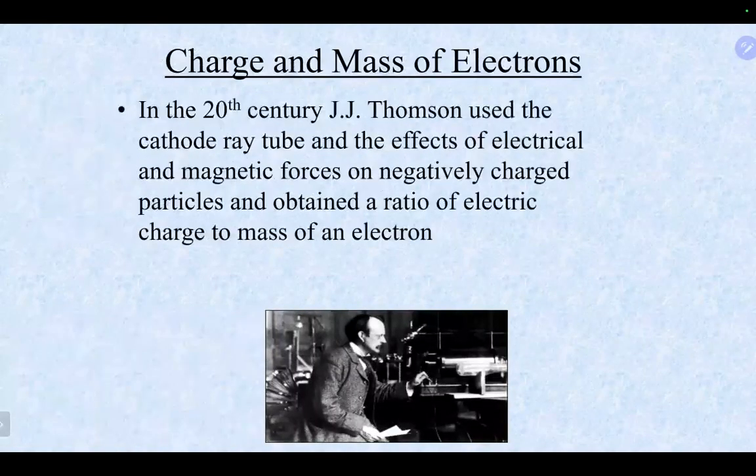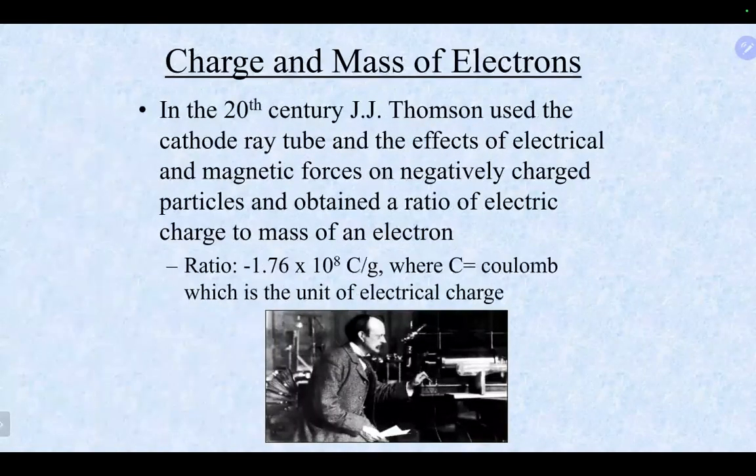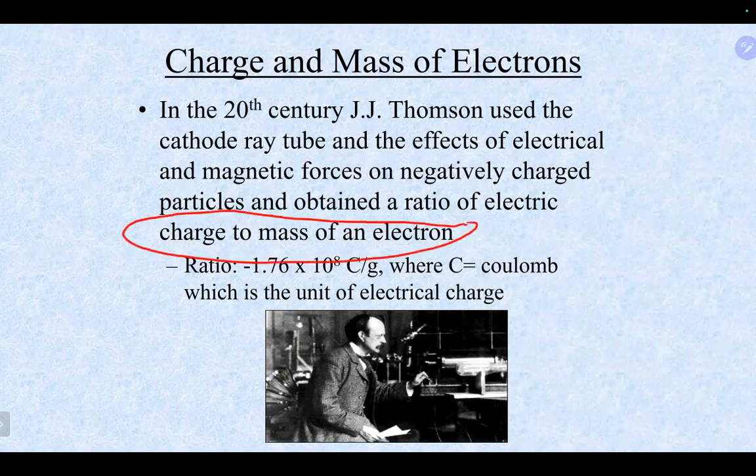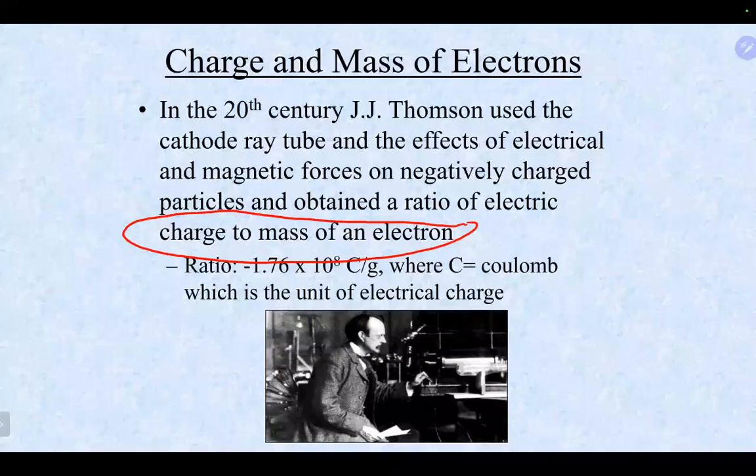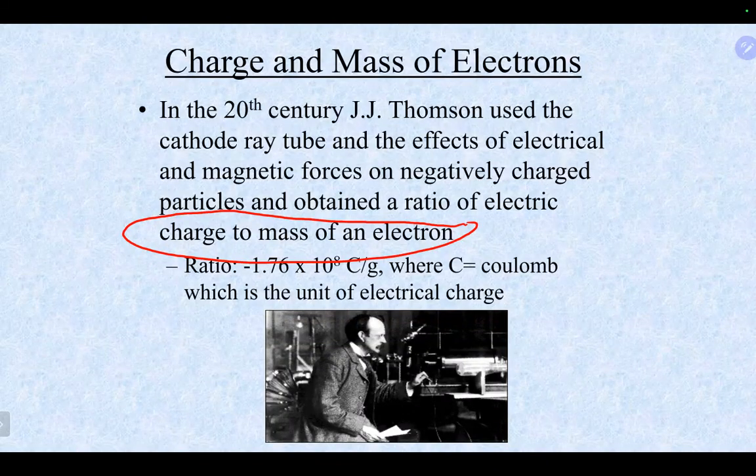A lot of work with the cathode ray tube was done by J.J. Thomson. As a result of playing with the cathode ray tube, he was able to figure out the charge to mass ratio of an electron, which happens to be minus 1.76 times 10 to the 8 coulombs per gram.